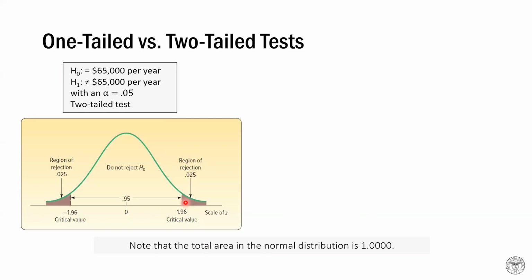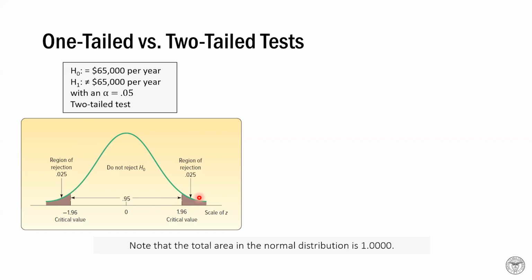One way to determine the location of the rejection region is to look at the direction the inequality sign in the alternative hypothesis is pointing. In the case of not equal to, the mean could be either greater than or less than. So it is a two-tail test. In a two-tail test, alpha is divided equally into the two tails of the sampling distribution.